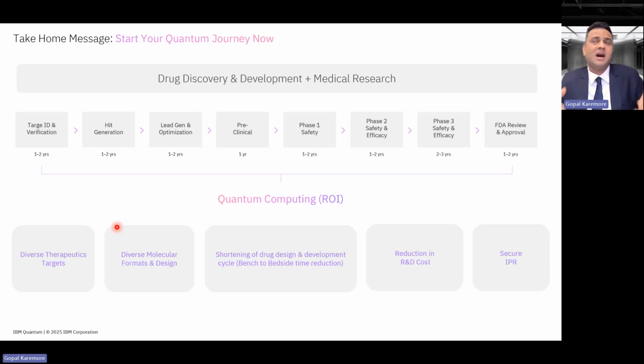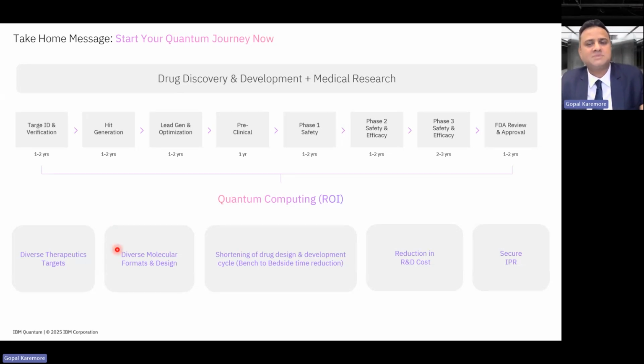We have also seen how quantum computing can help you diversify your molecular format, from small molecules to mRNA to stem cells to oligonucleotides, and so many things. Doors will be open, right? And it is going to reduce your R&D costs because it is going to shorten your drug design and development cycle, so that bench to bedside will be reduced, and patients will benefit most.